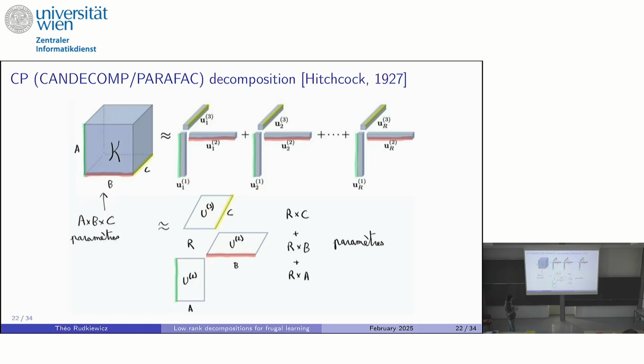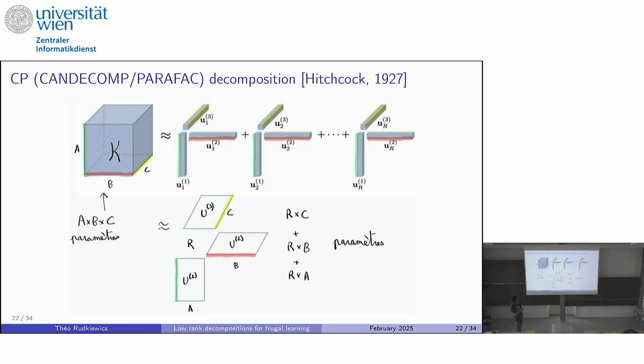So for example, here we have order 3, so we have 1, 2, and 3. And then if we have a decomposition of rank R, we have R different terms in our sum. And so here, if we have an input tensor of size A B C, at the end we have only R times A plus B plus C parameters. So again, if the rank is small enough, we have compression.